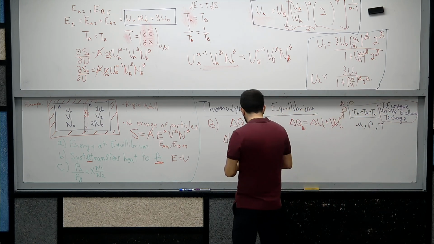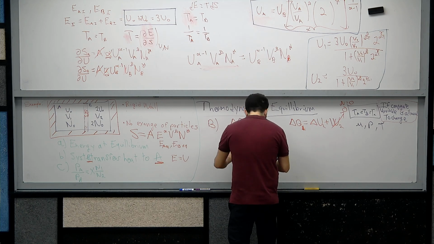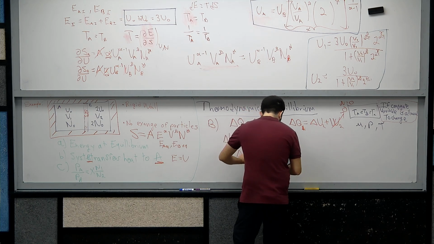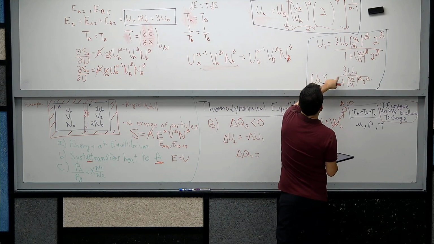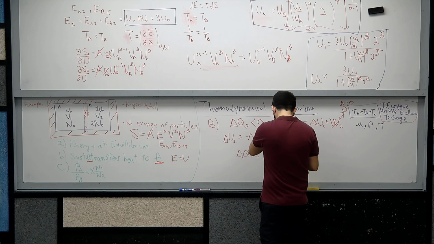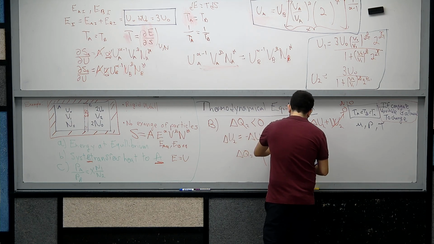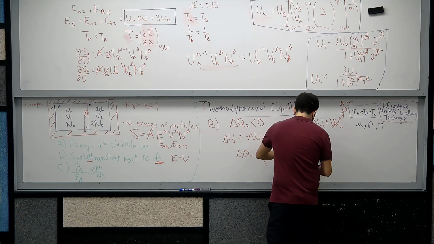So, like using this, you can see that dQ2, you just have to plug these numbers into here. It's equal to 1 minus 2 E2 V1.